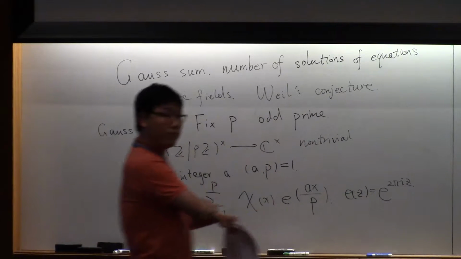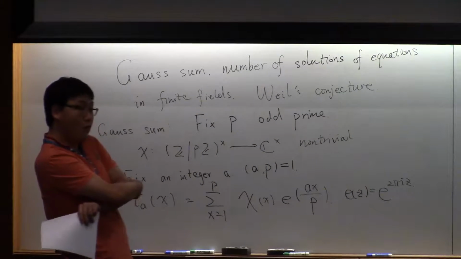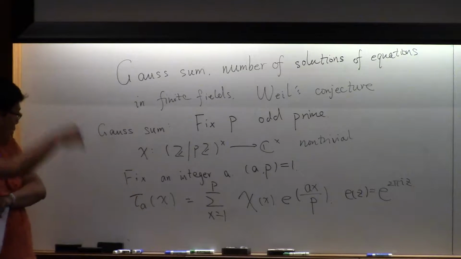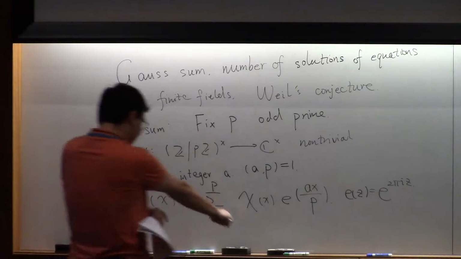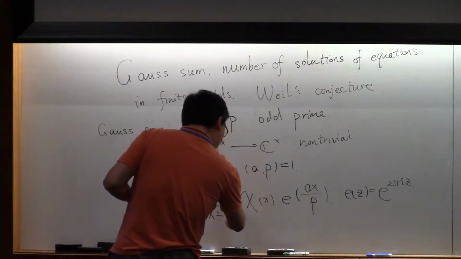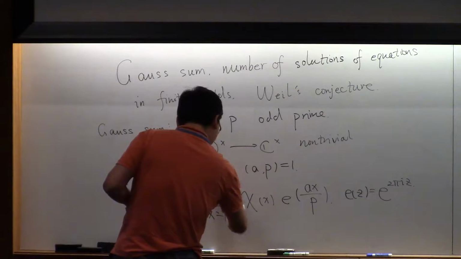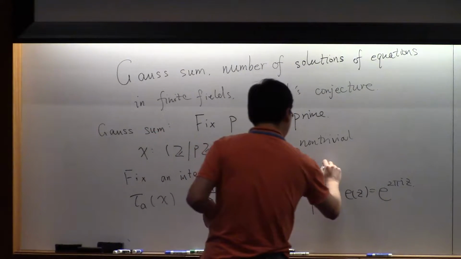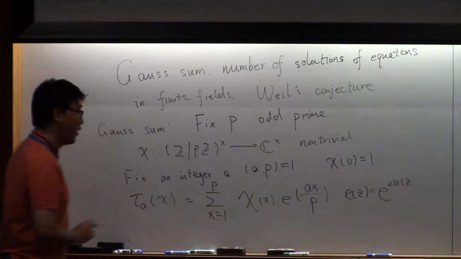Do you mean x goes from 1 to p or from 1 to p minus 1? It's just all the congruence classes. Oh, sorry, are you assuming chi of 0 is 1? Yeah, thank you.